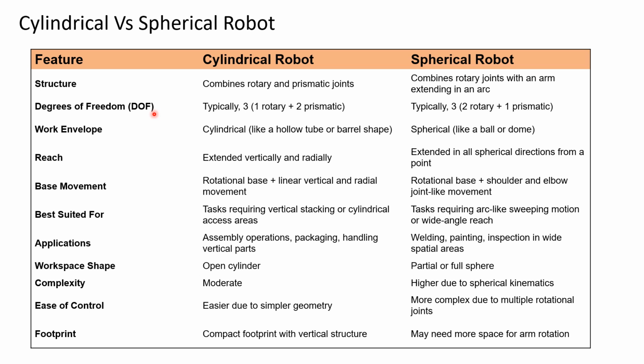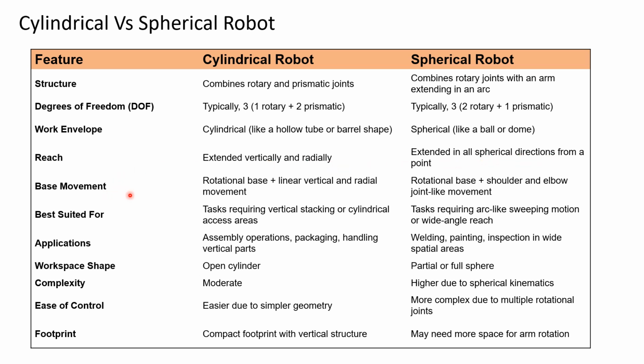Then degrees of freedom: both have 3 degrees of freedom, but cylindrical has one rotary and two prismatic, while spherical has two rotary and one prismatic. Work envelope: it is cylindrical, like a hollow tube or barrel shape. As we saw, it creates a dead space. Then spherical is like a ball or dome, and it also has a dead space. Reach: cylindrical can extend vertically and radially, spherical can extend in all spherical directions.